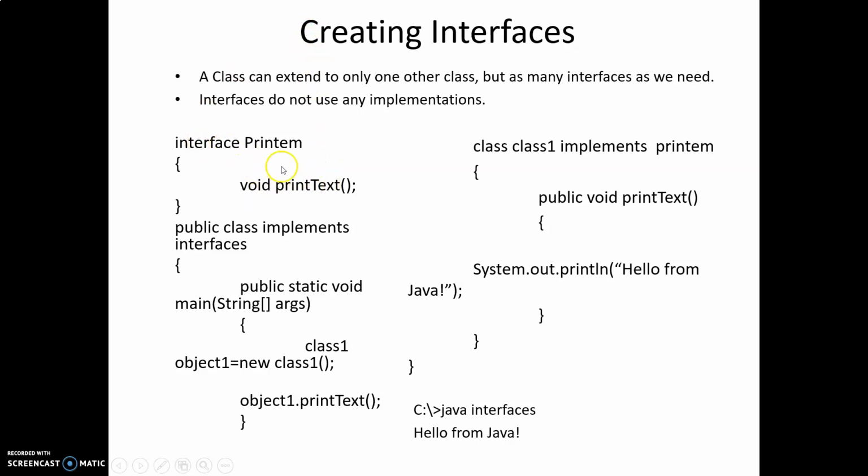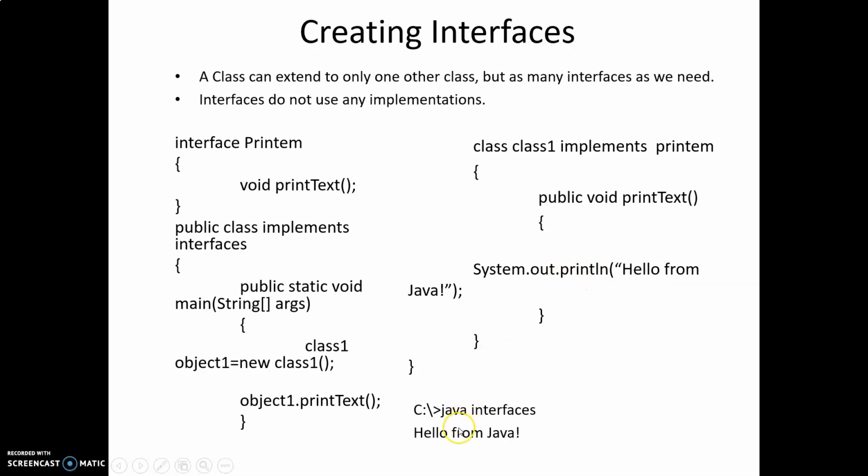Here we have the interface PrintM, and the public class implements the interface. This is how we implement that interface. We are using class1 implements PrintM, then void printText, and I am using System.out.println hello from Java.